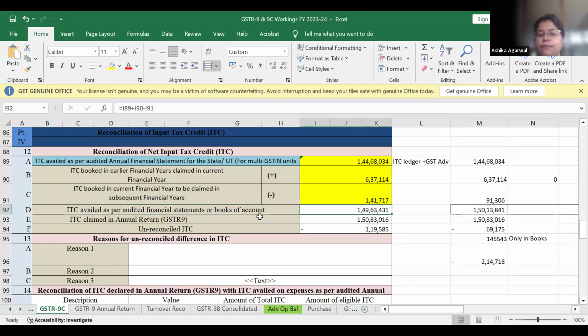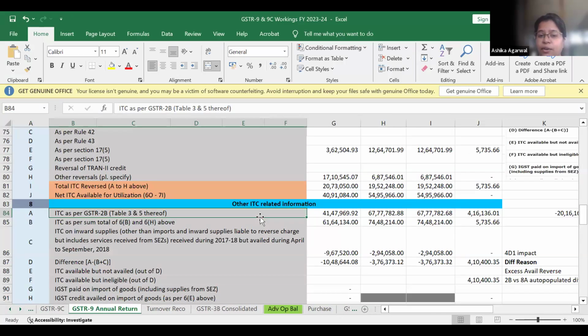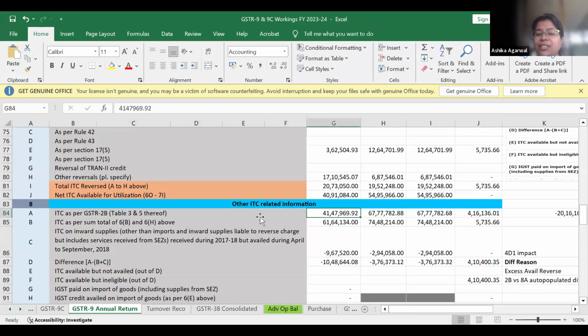Then this is basically the opening and closing. This is also an auto-populated figure, 1,49, which is basically ITC as per books, which you claimed last year over here in table 12B, and 12C is basically a carry forward. Now it's not important that table 12C match with 8C. I already told the reason, because this is 2B.